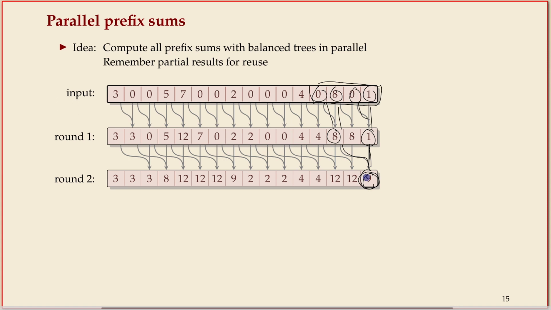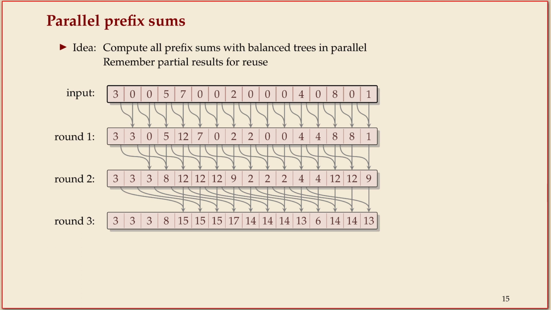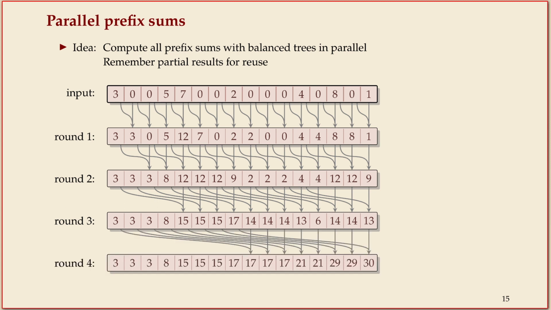And the same thing is true for all of the others with a few boundary conditions at the beginning. But every element now contains the sum of the 4 elements before it. And guess what? We just keep going like this by doubling how far we jump back. So here we jump back 4 positions, and then we have summed up 8 elements.